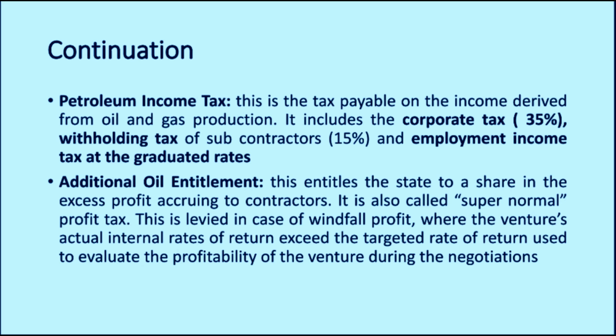So there's a specific return that is supposed to be achieved. When your return exceeds that particular target, it triggers an additional profit tax which you have to pay. And this can be in barrels of oil or it can be levied in cash.